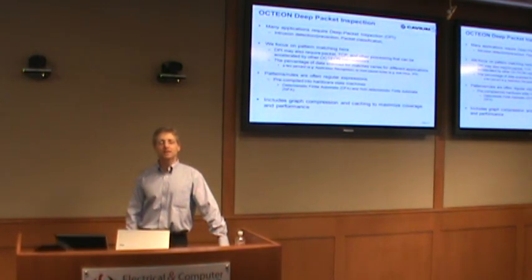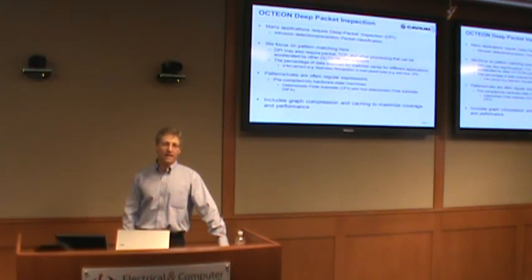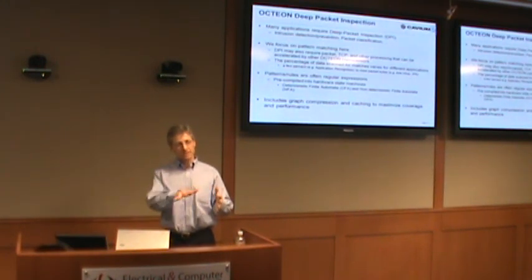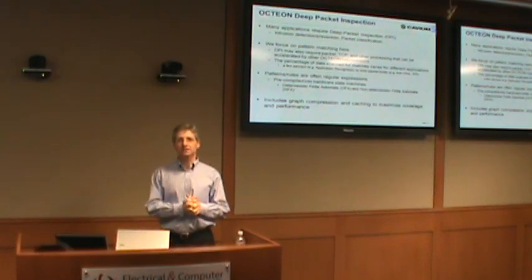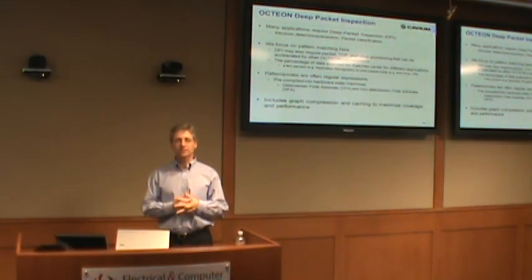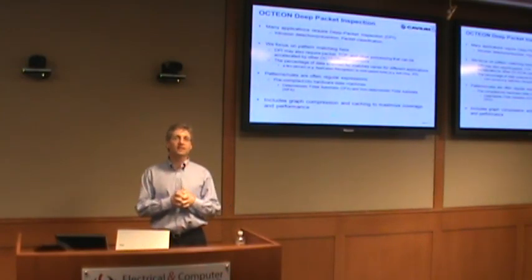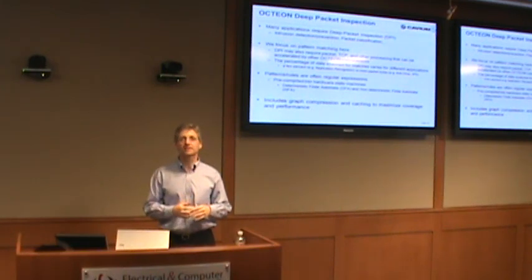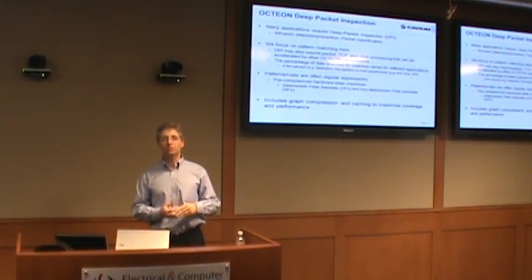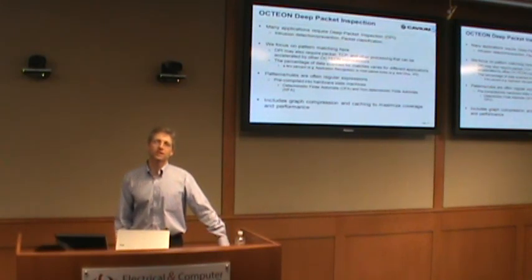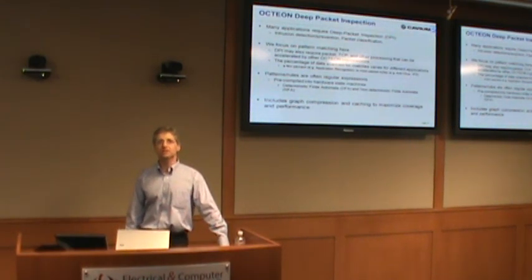The idea of deep packet inspection is you may have certain patterns in the packet that you want to be able to identify quickly, and when those patterns exist, you might change your processing. For example, in intrusion detection, it's an indication of an intrusion if a certain pattern is detected in the packet. The percentage of data that needs to be scanned for pattern matching varies a lot for the different applications.